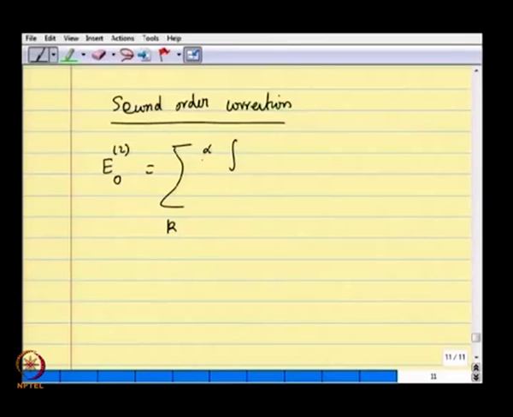alpha by pi to the 1 by 2, e to the minus alpha x square by 2, sorry, not even 1 by 2. I think we should be careful here. I will just write only the 1 by 4 corresponding to this part of the left side of the wave function, which is the ground state.